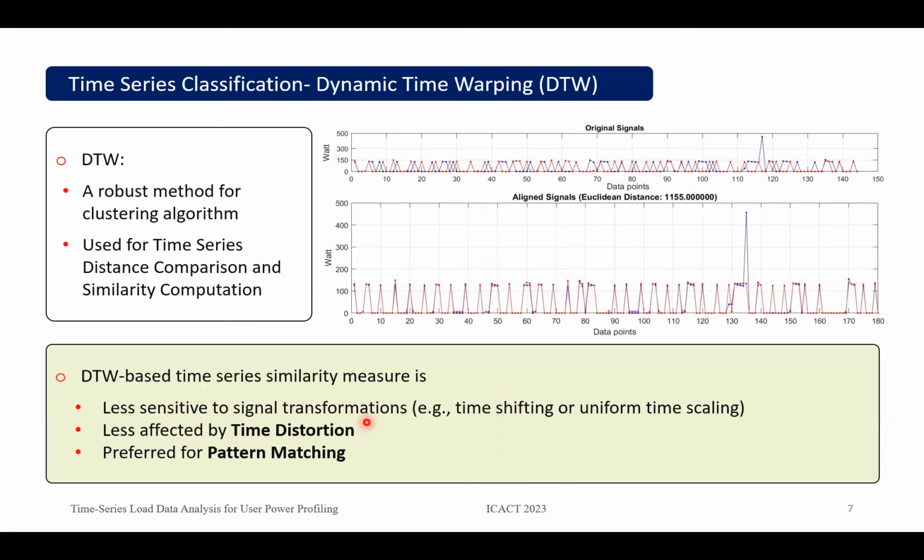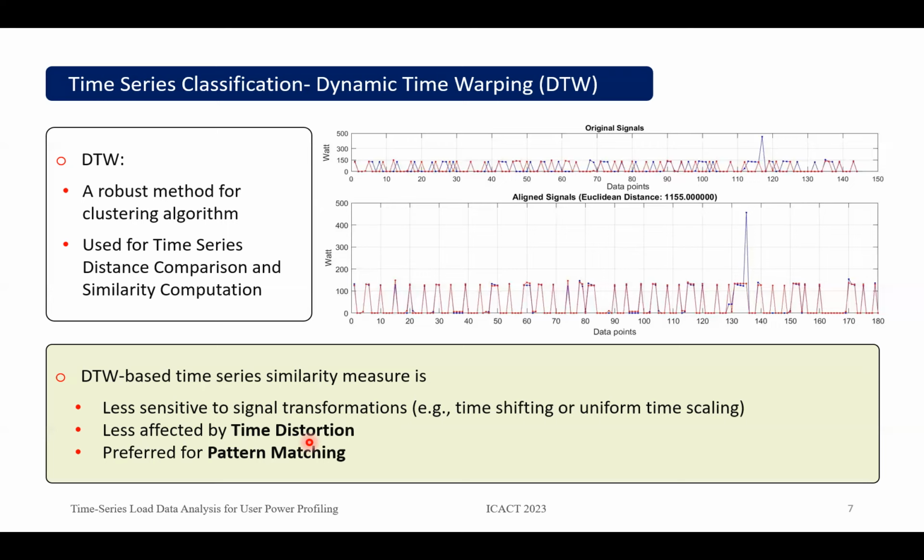In this case, DTW is less affected by time distortion and can be used very well for pattern matching. Pattern matching is completely possible even with time distortion. This is the main benefit of DTW, and based on that feature we use DTW for our implementation. Also, DTW has another feature.